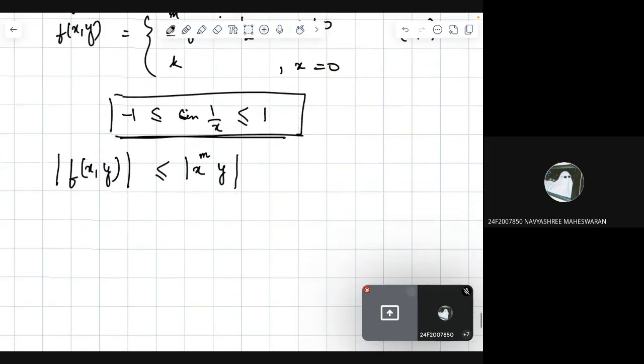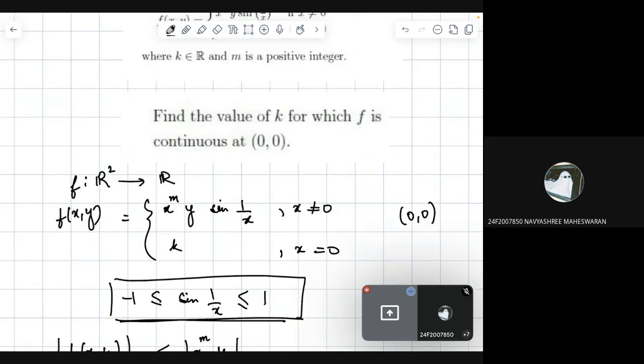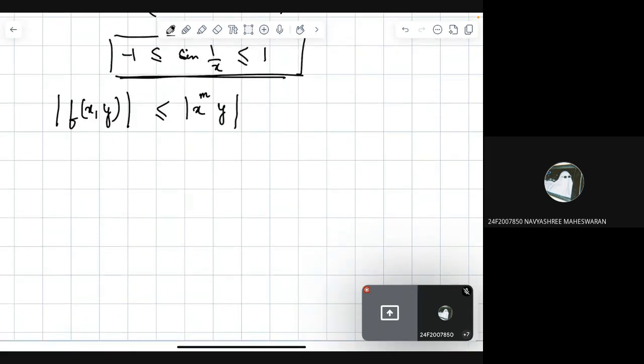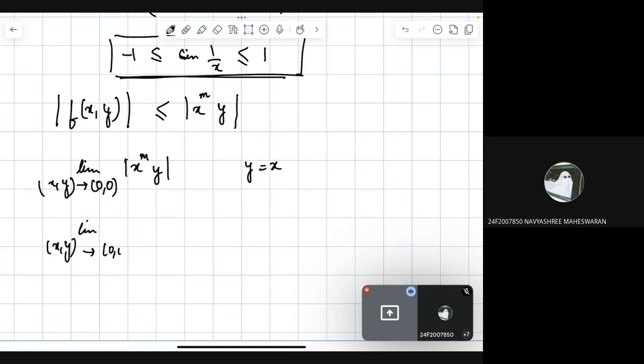To find the value of k for which f is continuous at (0,0), we can take the limit as (x,y) tends to (0,0) of mod of x^m y, and if we take y equal to x, then we'll see that this limit will be 0. We can examine it for other directions as well.